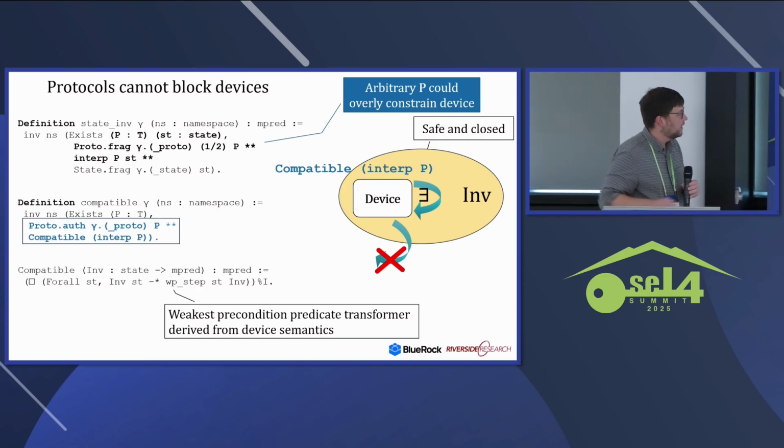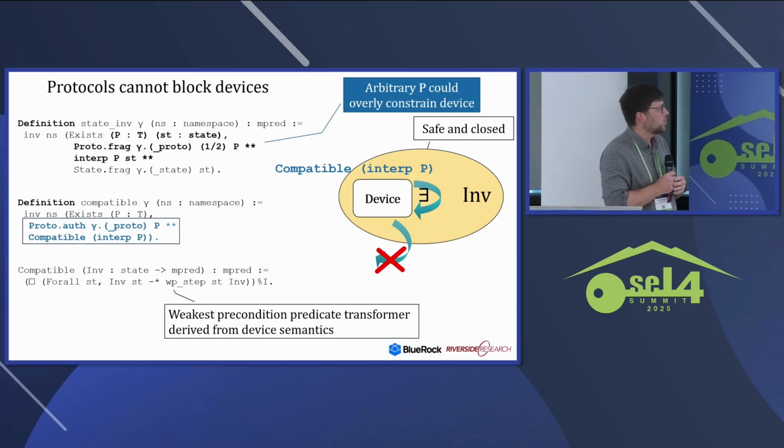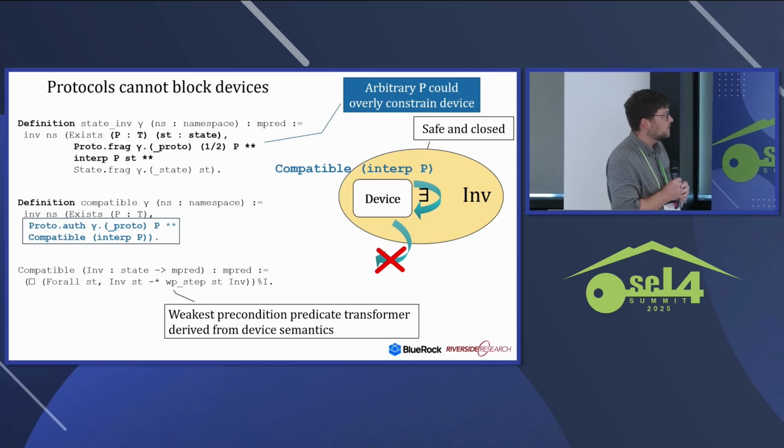The predicate, or the series of predicates that form our protocol, are compatible with the device if they don't block the device from taking steps, and if whatever step the device takes from a given state that satisfies a given protocol stage will bring the device back into that predicate.